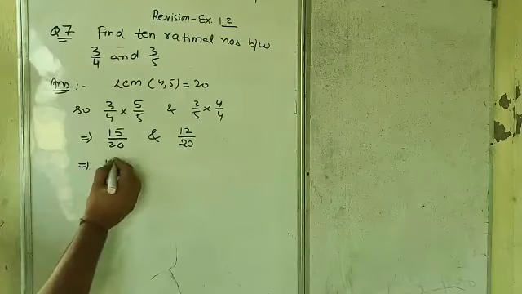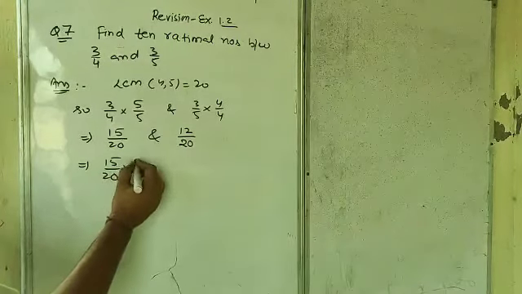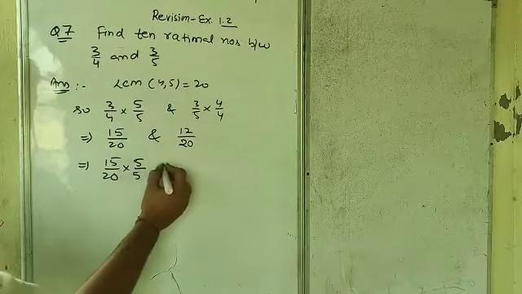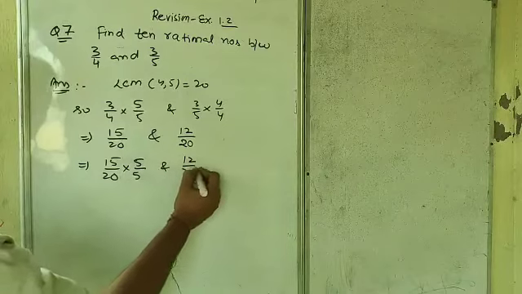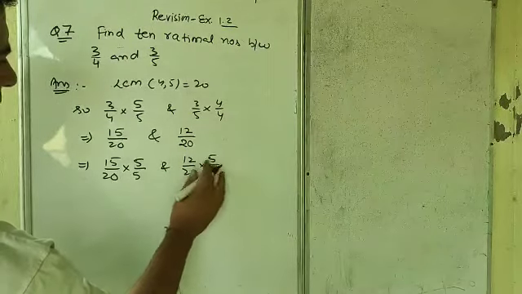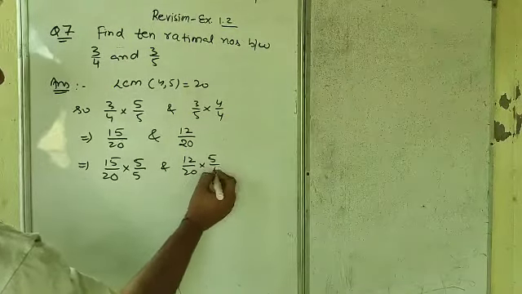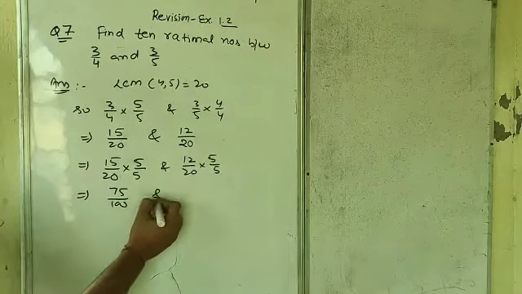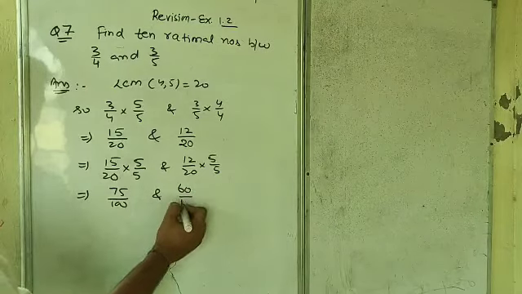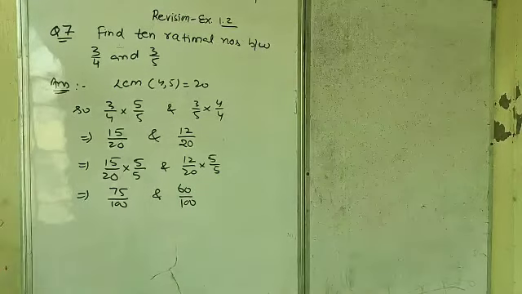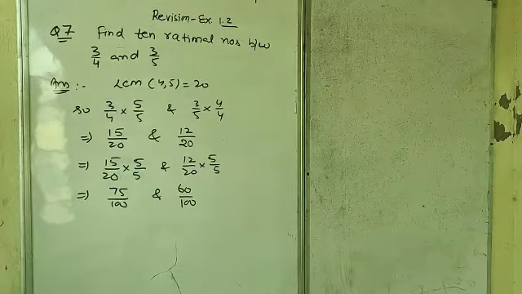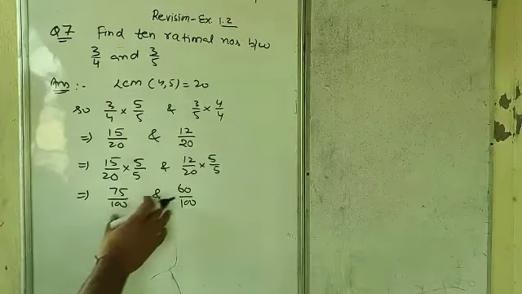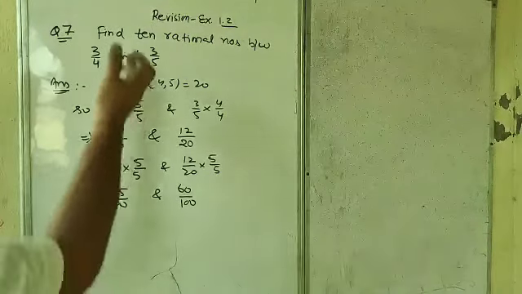So we multiply both the numerator and denominator by 5 in both cases. Now the denominators are 100. Now 75 upon 100 and 60 upon 100. Now there are around 14 numbers between them, so we need only 10.